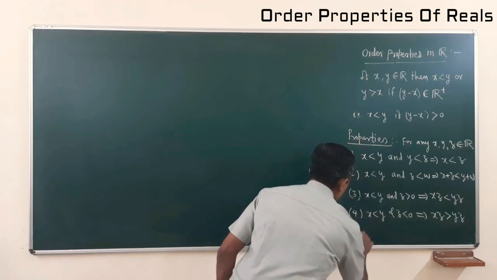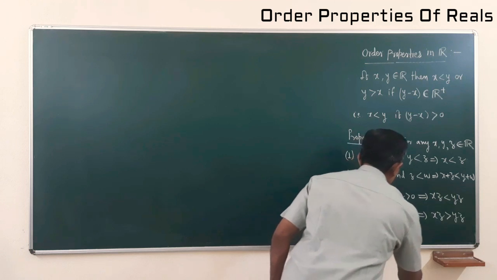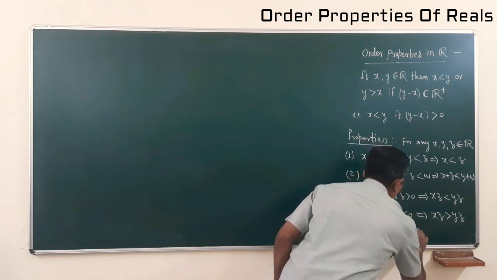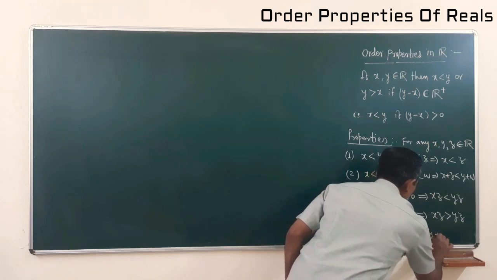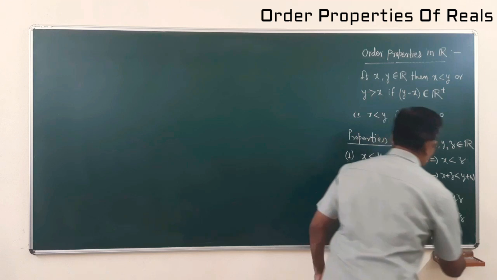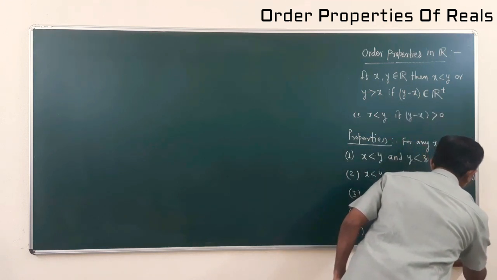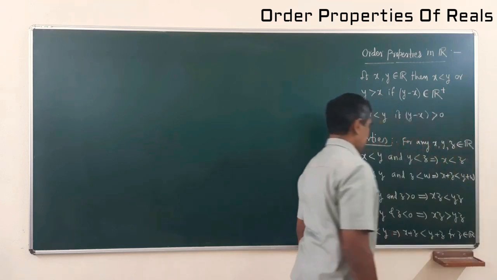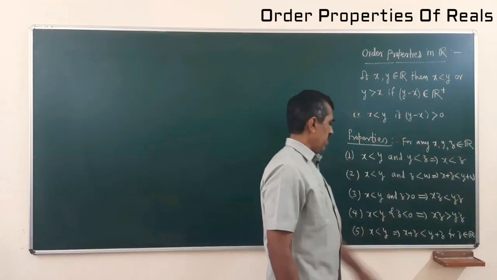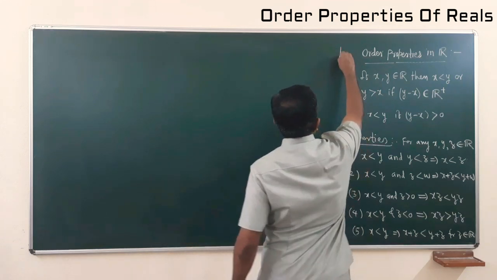Next property, if x less than y, then x plus z less than y plus z, for z belonging to R, for any z in R. If x less than y and you add a number to both sides, then the inequality will again be preserved as it is.